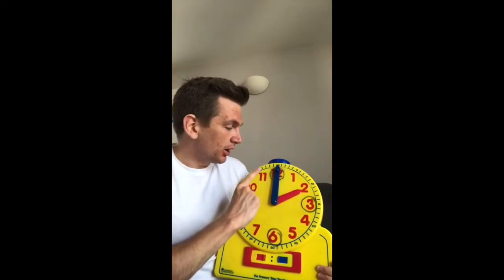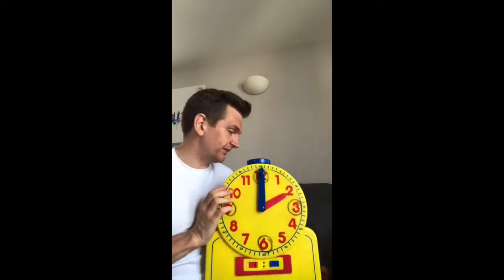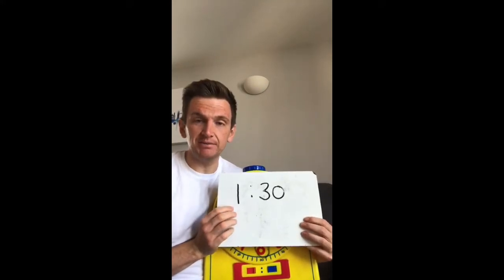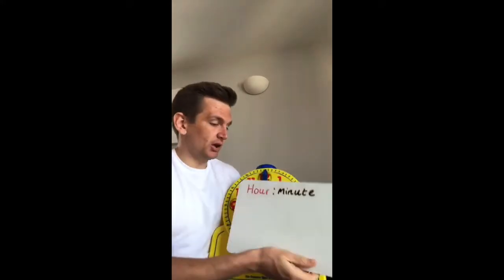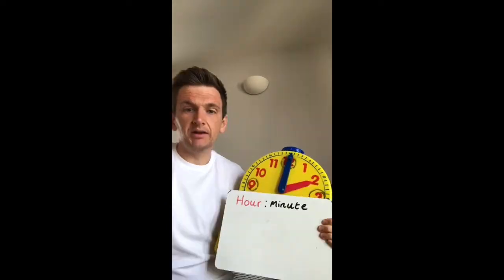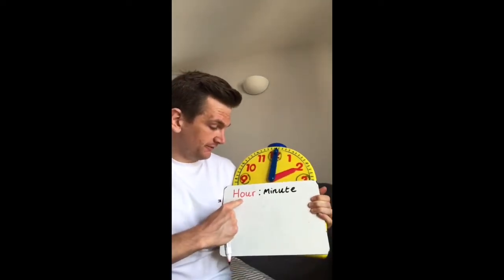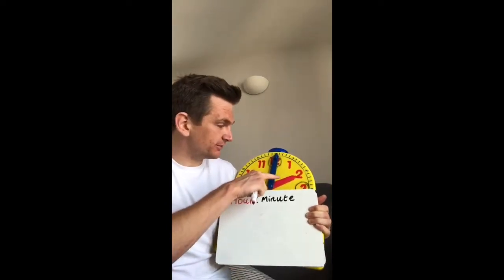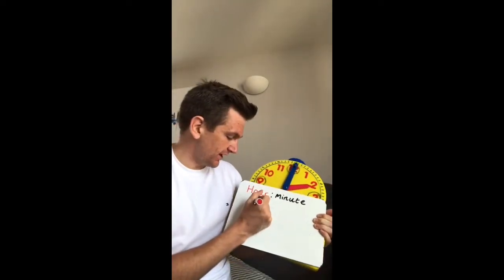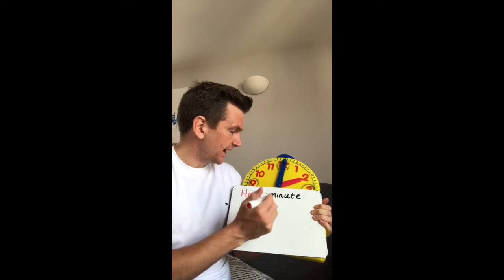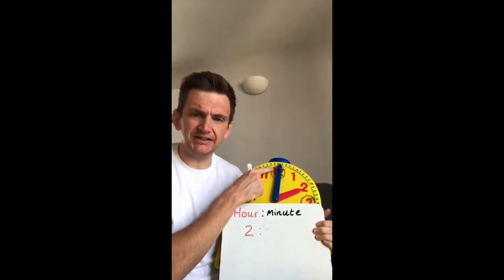Now, a way in which we would show this using a digital clock would be like this. Okay, now our digital clock, again, like I said, is with numbers, and the way in which we show it is by having the hour first. Okay, so in this case, my hour is 2. Okay, so my hour hand is pointing to the 2. So the hour would be 2, and how many minutes have I gone into this new hour?